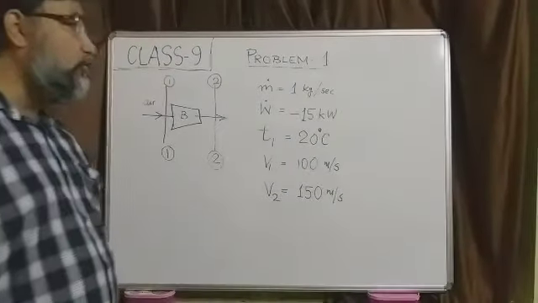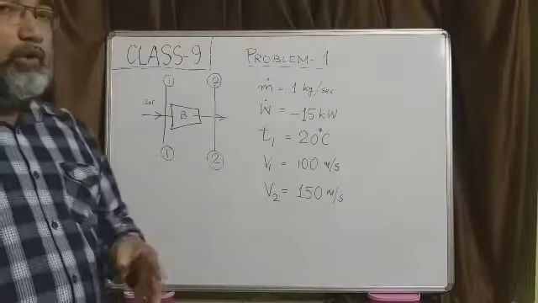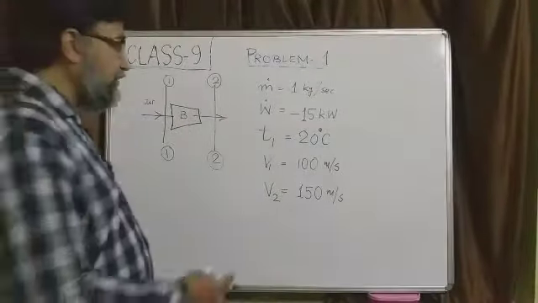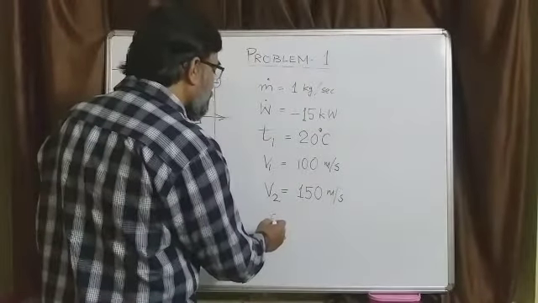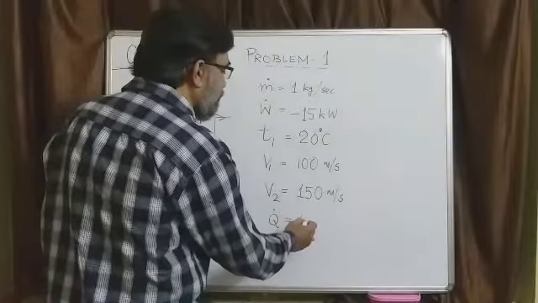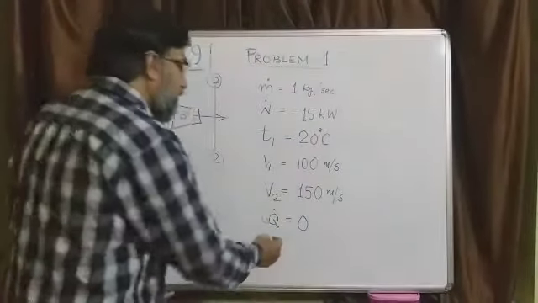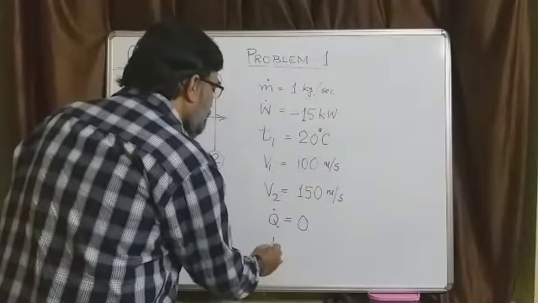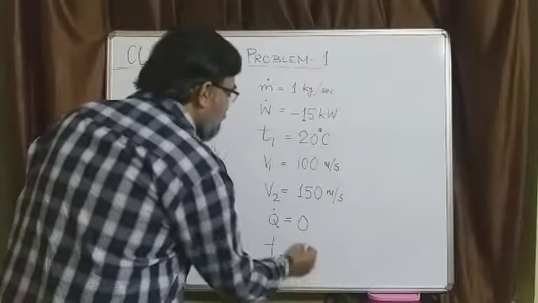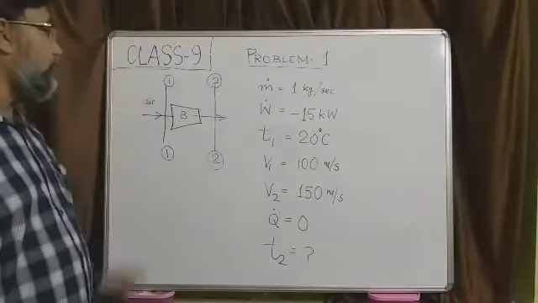Now what you have to find out, and what else is given? Which type of condition do you have to assume? You have to assume an adiabatic condition. That means Q dot is 0. There is no heat transfer. And what you need to find out? You are supposed to find out the temperature at the exit, that means the value of T2.